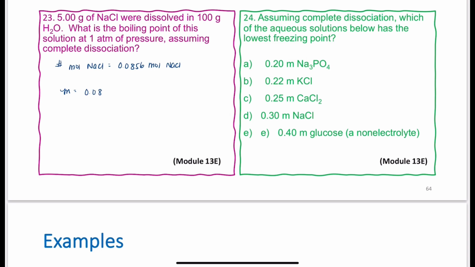Molality is going to be 0.0856 moles of the NaCl over 100 grams of solvent, which is the same as 0.100 kilograms of solvent. Gives me 0.856 molal.